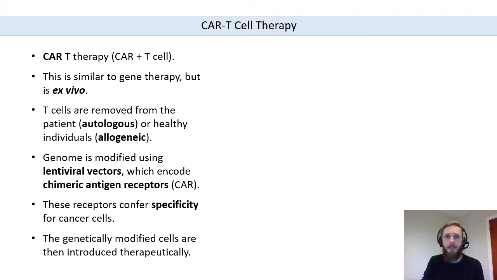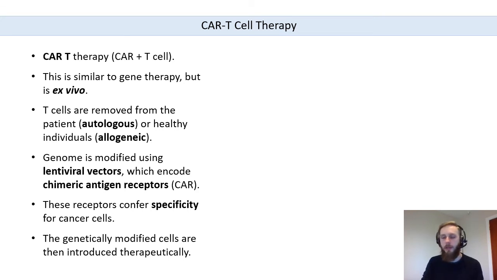The idea of CAR T cell therapy is that it enables modification of immune cells so that these immune cells will target cancer cells. It's an interesting idea. It does work, and it actually is used now in a number of countries, including the UK.